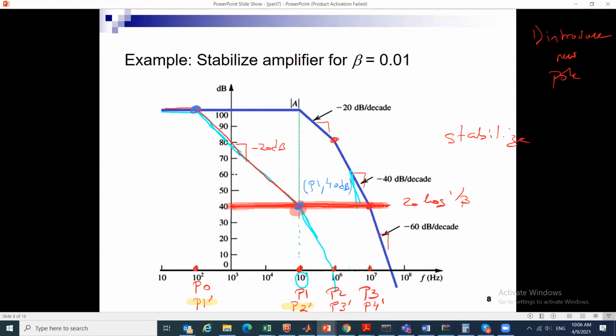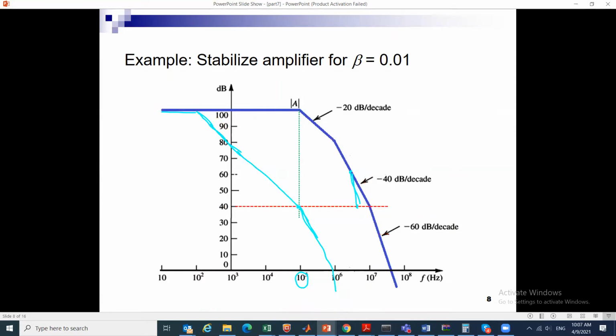I satisfied the requirement of minus 20 dBs per decade, and that the 20 log 1 over beta line intersects with my new transfer function at a slope of minus 20 dBs per decade.